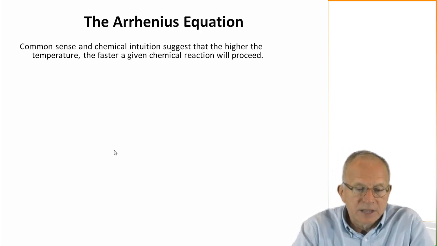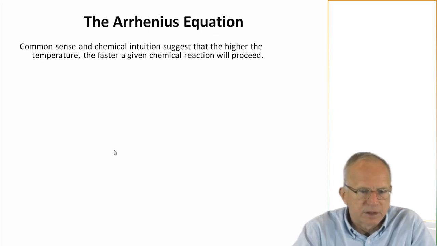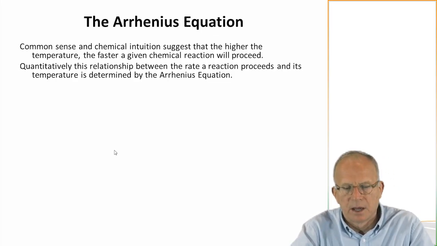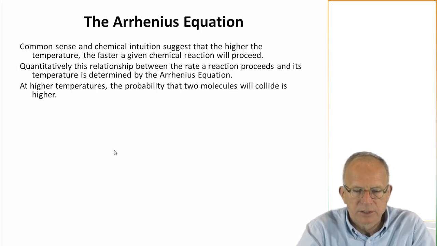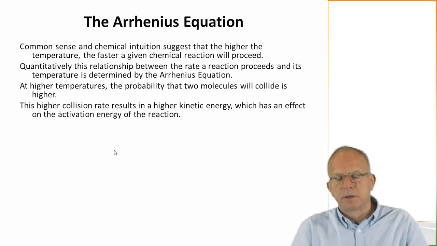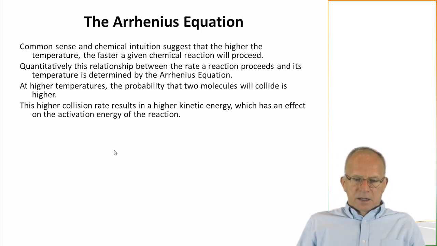So it makes sense, of course, that intuition will tell you that if something gets hotter, the reaction is going to go faster. And this is described by the Arrhenius equation. So at higher temperatures, the probability that two molecules will collide with sufficient energy to make them react goes up. The higher collision rate.